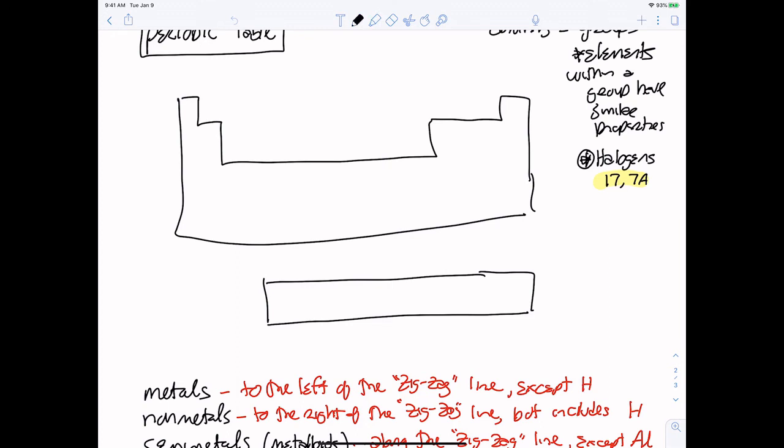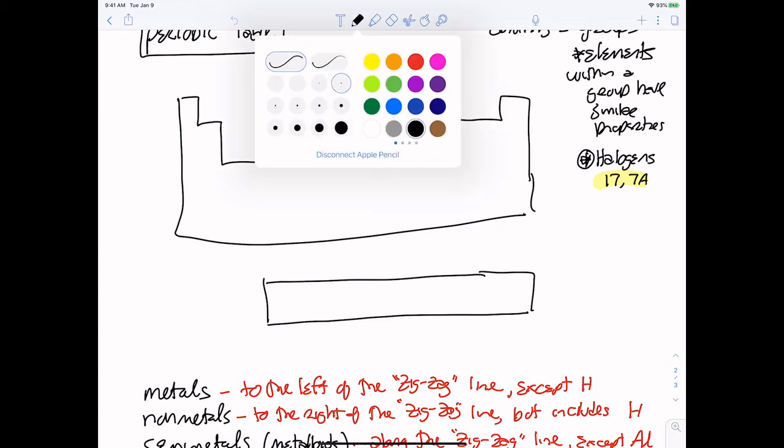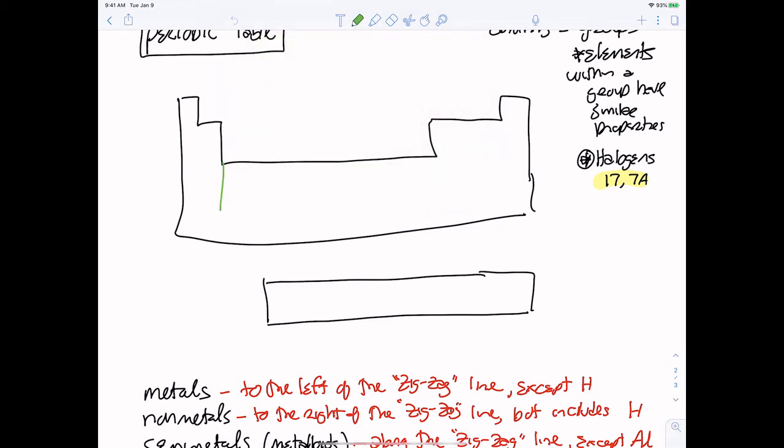The other part, I just mentioned main groups. Let's divide up my periodic table here. So group 1 and 2, or 1A and 2A, and then group 13 through 18, or 3A through 8A. My A block, these guys are called main groups, or main group elements.